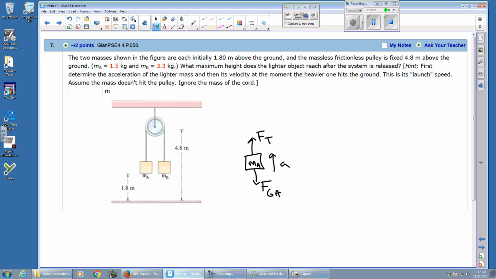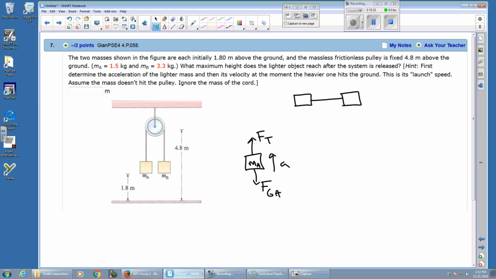So instead, I'm going to draw a free body of the system, and I'm going to draw it like this, because turning a corner on the pulley sometimes screws up my mind.